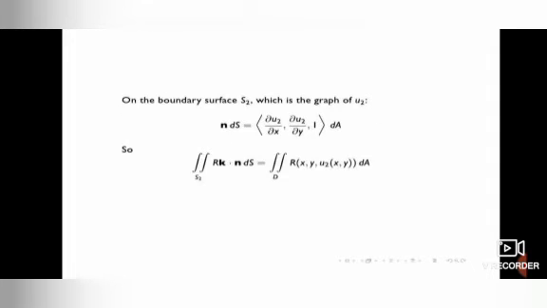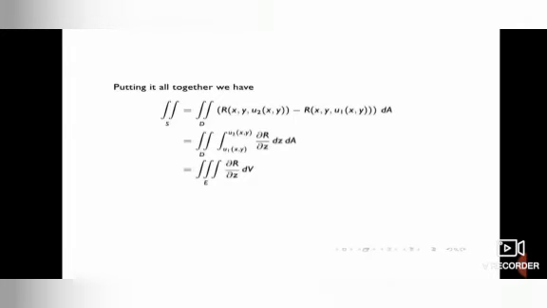Before that, for the upper limit u2 of x, y and for the lower limit u1 of x, y, minus of u1 of x, y dA, since it is the lower limit. Finally, on S3, n dot k is equal to 0. For the S3 surface, R k dot n cap dS is equal to 0.